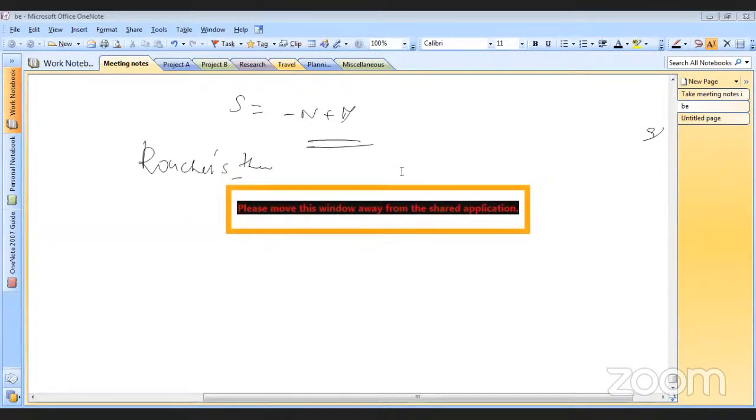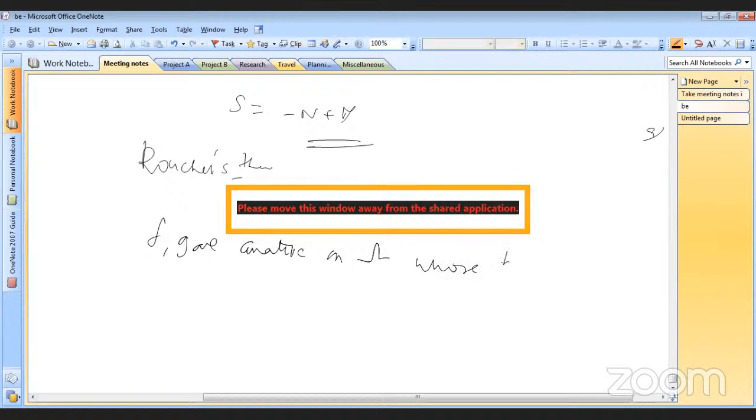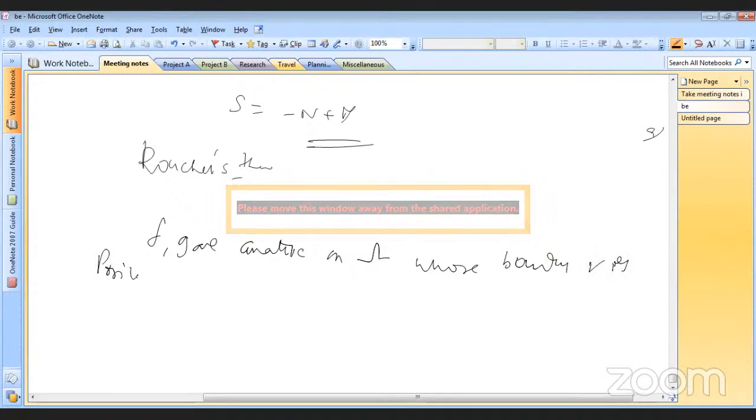So in Rouché's theorem here, suppose f and g are analytic on and inside a simple closed contour gamma, whose boundary is positively oriented.